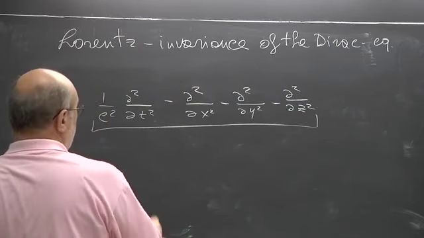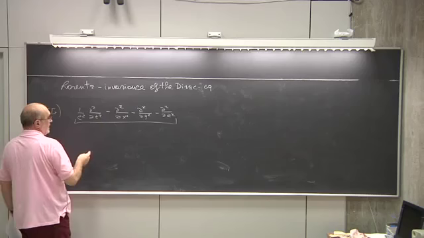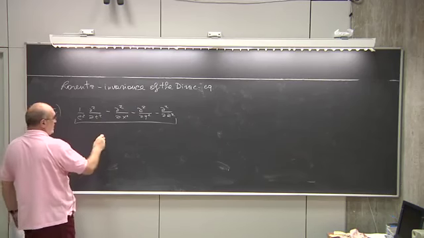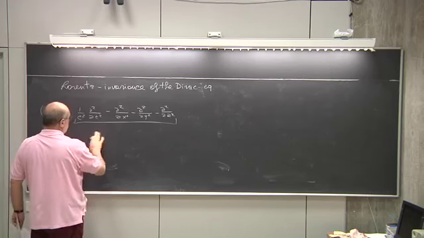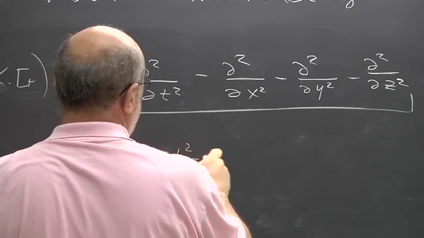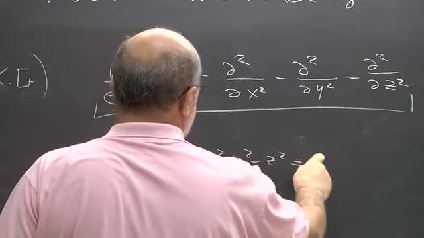Because it is nothing else than the derivative analog of the object we knew, basically ct squared minus x squared minus y squared minus z squared.